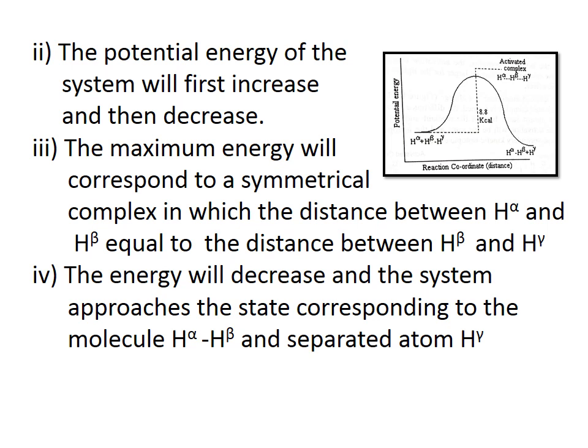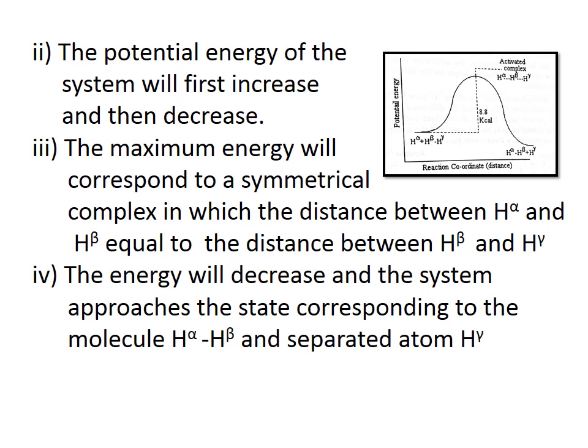The potential energy of the system will first increase and then decrease, as given in the diagram. The maximum energy will correspond to a symmetrical complex in which the distance between H alpha and H beta is equal to the distance between H beta and H gamma, that is the activated complex.